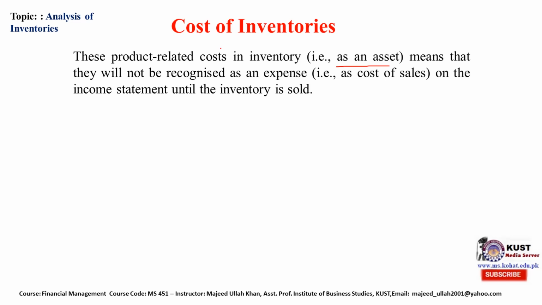So the product related cost in inventory means that they will not be recognized as an expense, cost of sale, on the income statement until the inventory is sold. So unless and until inventory is sold, the cost of inventory will not be recognized as cost of sale.